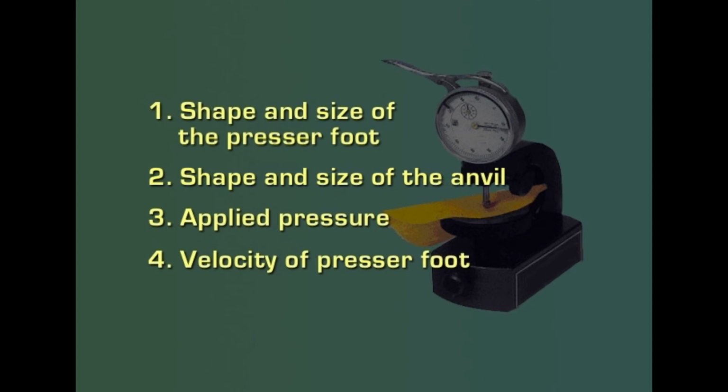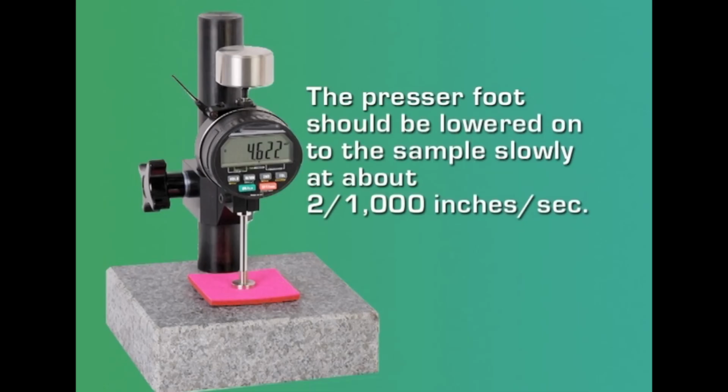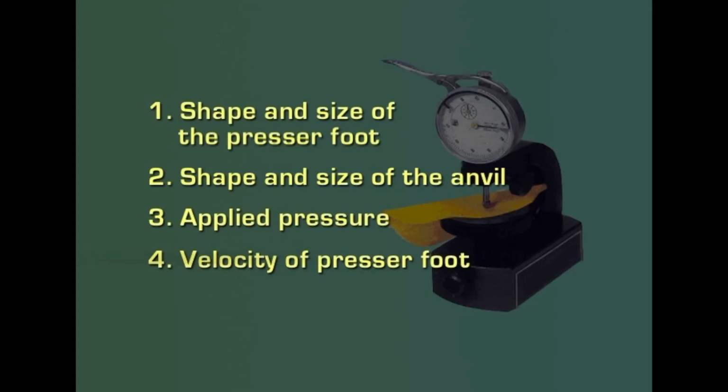Velocity of the pressure foot is another aspect. The pressure foot should be lowered onto the sample slowly at about 2/1000th inch per second, and precision here is difficult, but of course common sense will suggest a slow and careful movement. Coming to the time, the thickness is read from the dial of the instrument when the easily visible movement of the pointer has stopped.